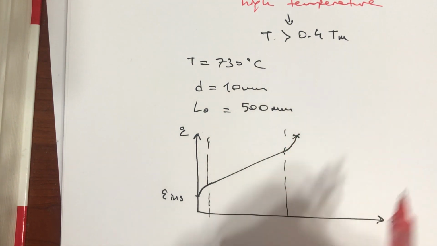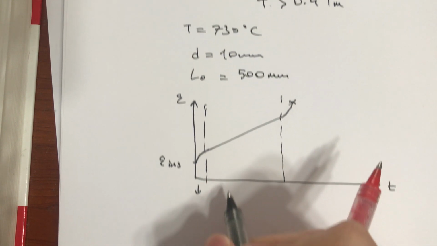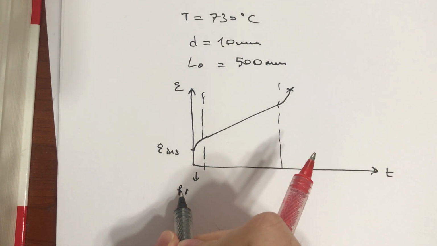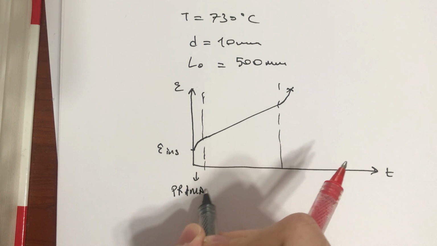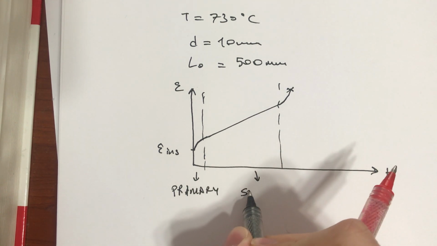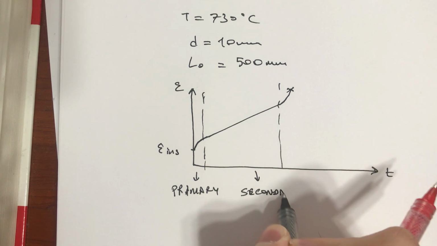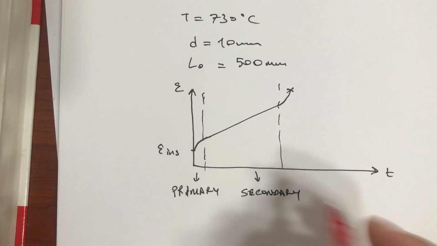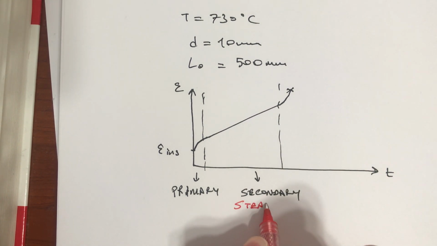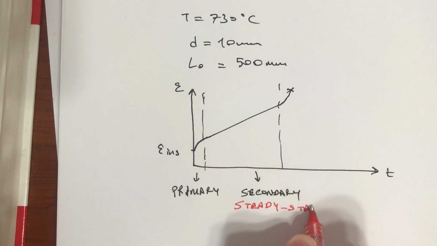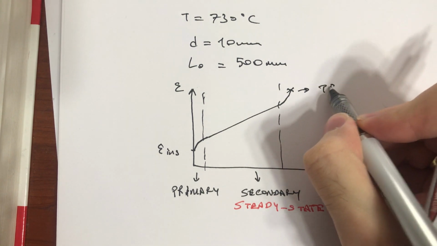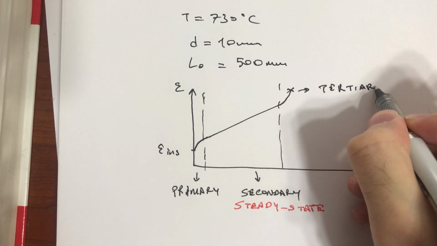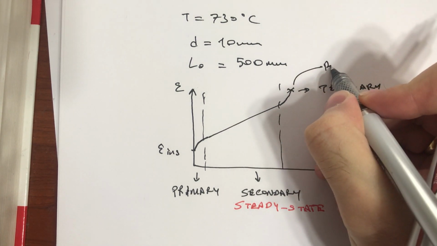So we can divide it into sections: primary, secondary, this is known as steady state, and finally tertiary, and this is rupture.